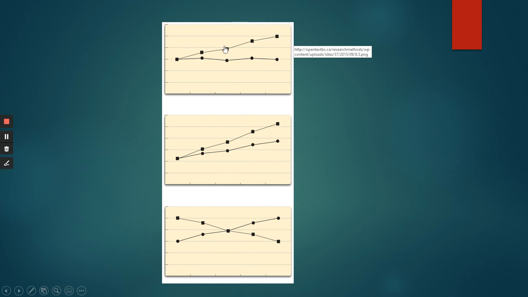These people, whoever these people are, respond to that difference in the variable captured in the horizontal axis. For people in this line, there's no responsiveness, it's flat. However, this is still an interaction.